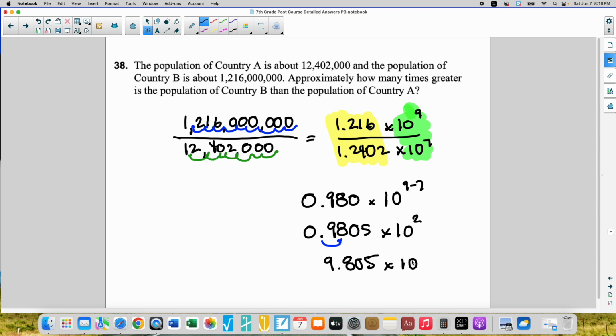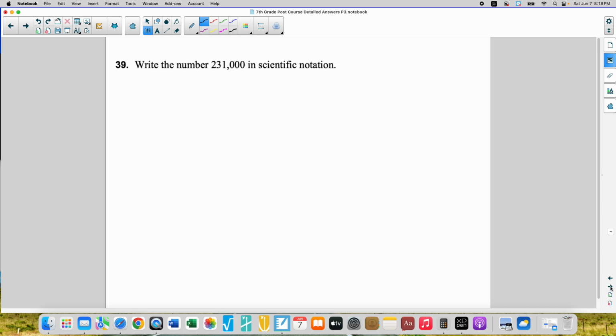Oh, sorry. So times 10 is 98. So approximately 98 times bigger. Sorry, I was just using scientific notation. That's just a little bit easier. So it's about 98, and if we want to approximate, you could say 100 times bigger. Sorry about that. Forgot the question.